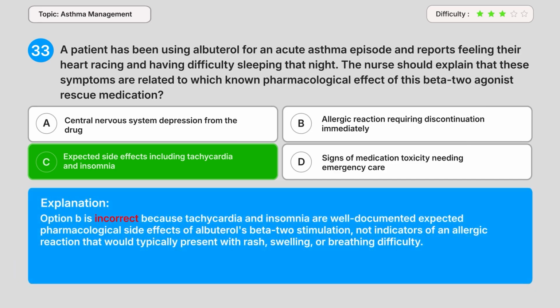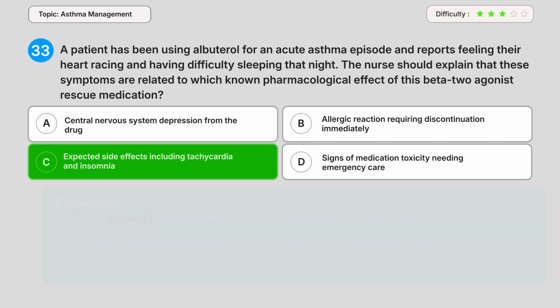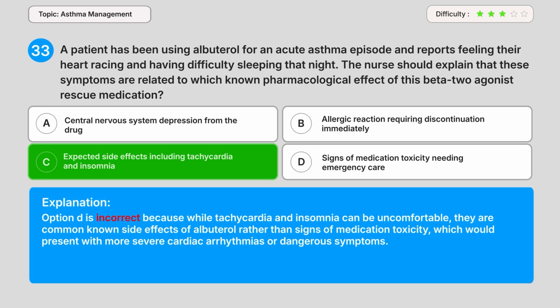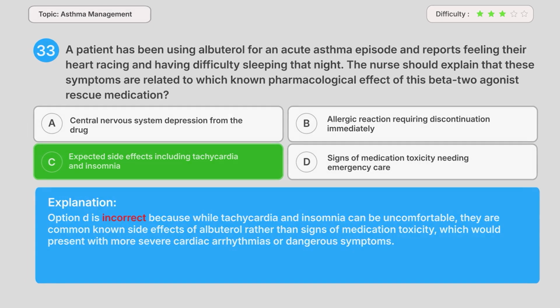Option B is incorrect because tachycardia and insomnia are well-documented expected pharmacological side effects of albuterol's beta-2 stimulation, not indicators of an allergic reaction that would typically present with rash, swelling, or breathing difficulty. Option D is incorrect because while tachycardia and insomnia can be uncomfortable, they are common known side effects of albuterol rather than signs of medication toxicity, which would present with more severe cardiac arrhythmias or dangerous symptoms.